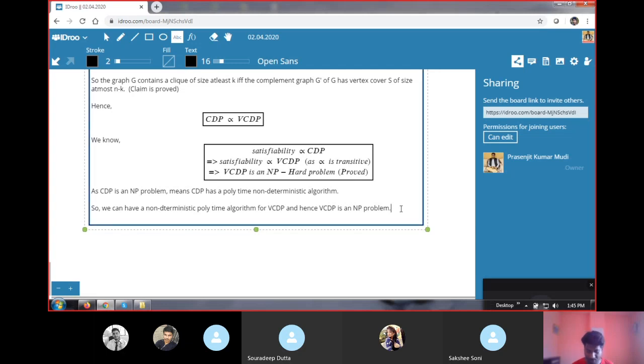So hence the NP hard problems which are NP are also NP complete problems. So VCDP can have a non-deterministic polynomial algorithm. Probably I have shown you the graph. If I have not shown you, let me show you this.